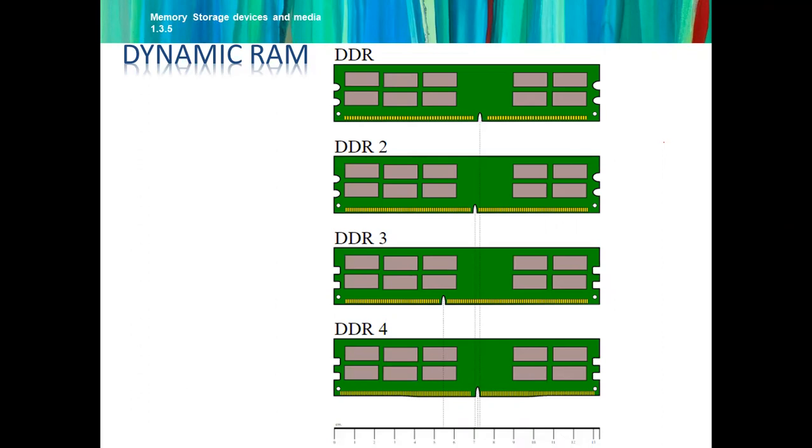Once they changed from DDR1 to DDR2, the cut was slightly toward the left side, and once they evolved it to DDR3, the manufacturer put the cut over here, and once we are at DDR4 from 2014, the DDR4 cut is in between DDR1 and 2.